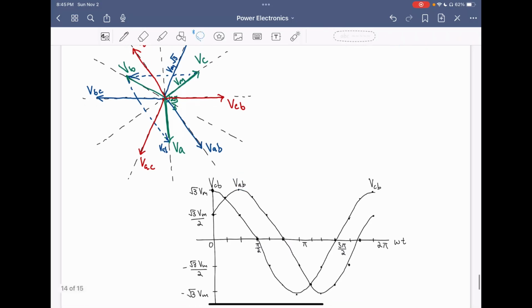So the next value is VAC. So VAC is going to reach its peak at 2 pi over 3. So that means it's going to reach its peak right here. So then we're going to get here, here.